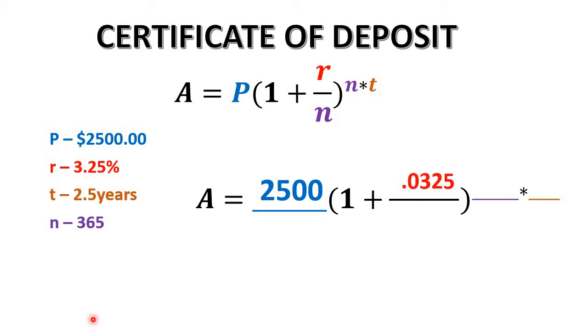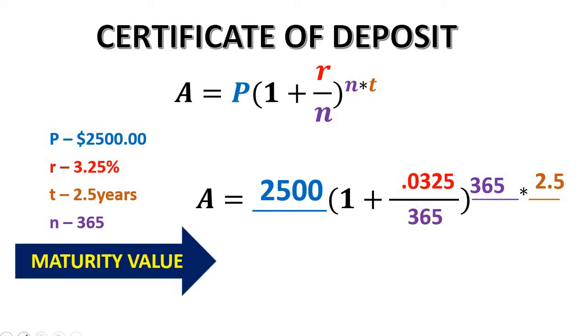Awesome, 0.0325. What's the number that's going to go in the bottom of my fraction and here in my exponent? Great, 365, and what's our last value to fill into that exponent? Awesome, 2.5. And so now we've got the formula set up.